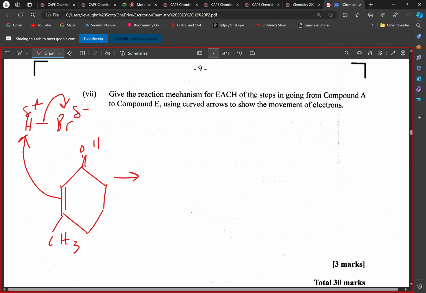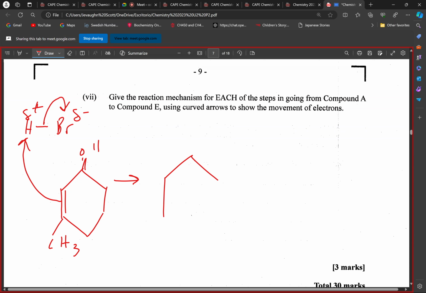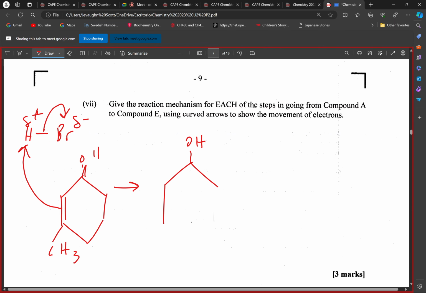Remember, what is Markovnikov's rule again? Somebody restate it. The more electronegative atom goes to the carbon with the least hydrogens.